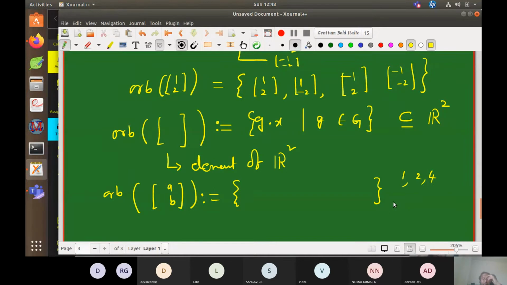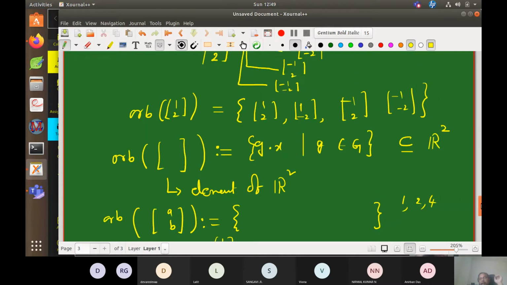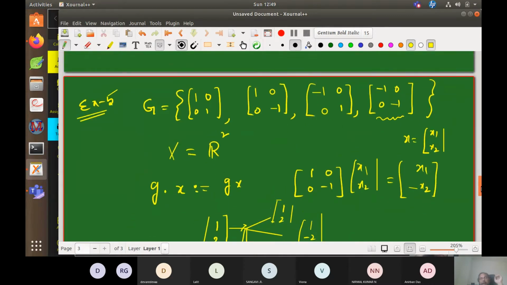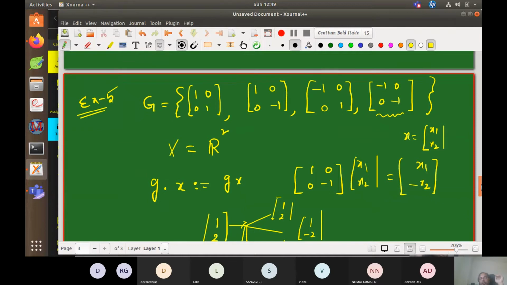Are you sure? For example, if I take (1, 0), what is the orbit of (1, 0)? The first element is taking (1, 0) only, the second element is taking the same as it is, the third element is taking (-1, 0), and the fourth element is also taking (-1, 0).